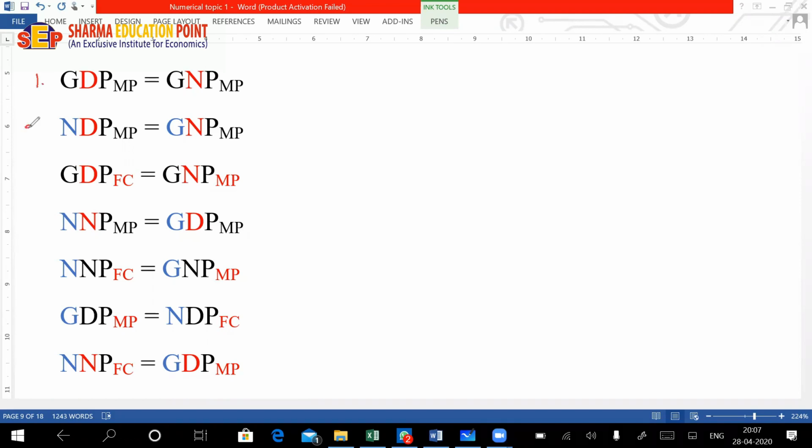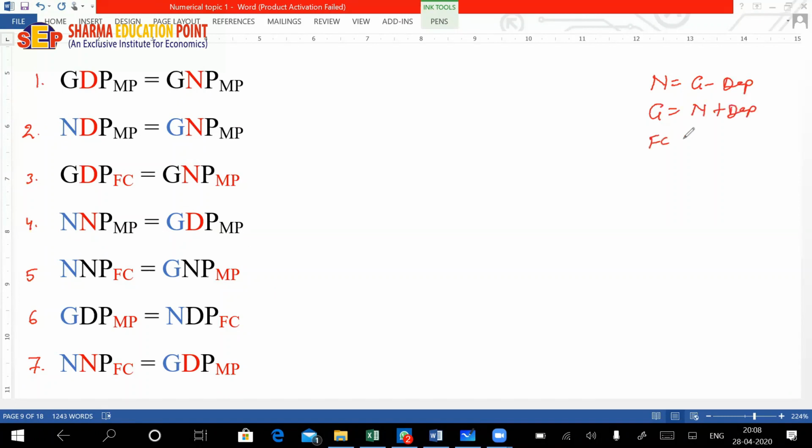Suppose I am writing some point names here. These are the 7 indications to convert these things, and again I am writing all these 6 points. To get net from gross, minus depreciation. To get gross from net, plus depreciation.